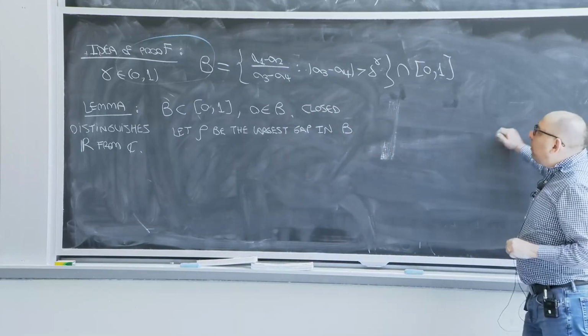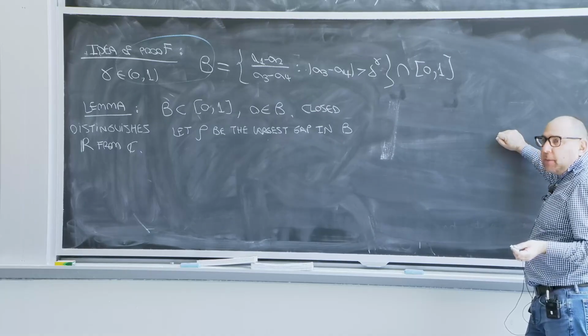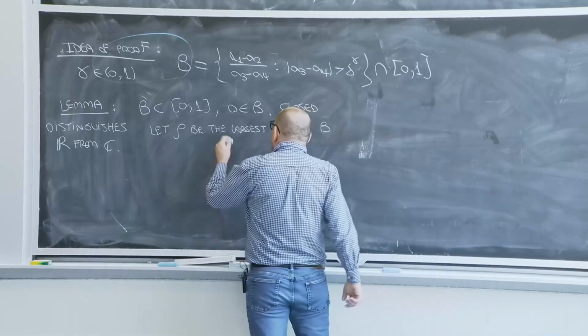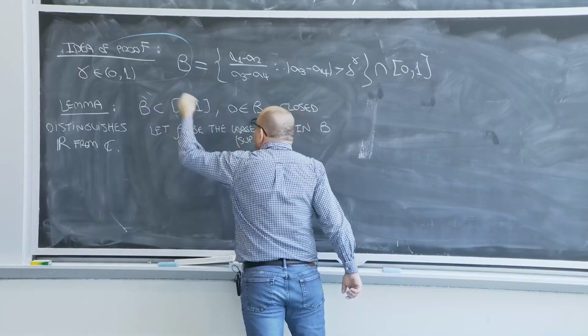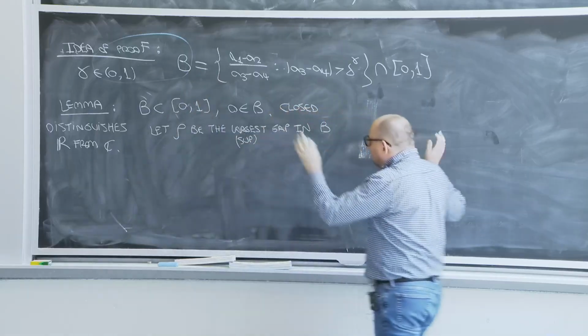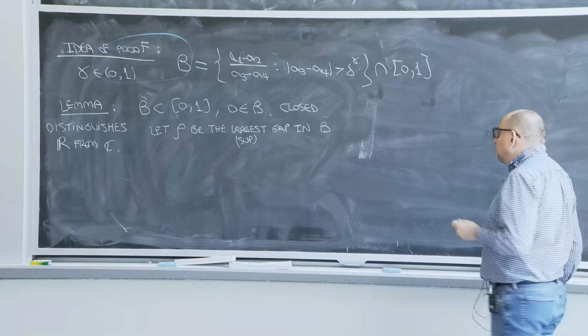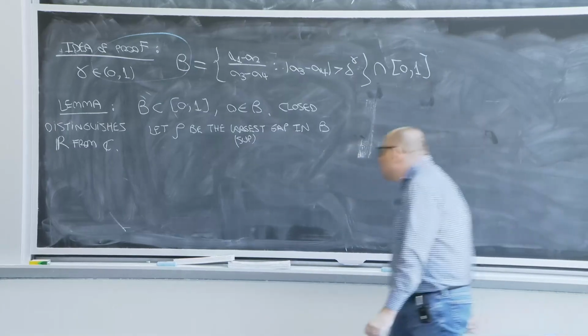If it's closed, then the complement is a finite or countable union of open intervals. Each of them has a length, and we take the supremum. Everything is going to be finitary in our application, but let's say the largest in the sense of the supremum of the length of the gaps in B. So is it clear what this is? We just look at the complementary intervals and we look at the largest one.